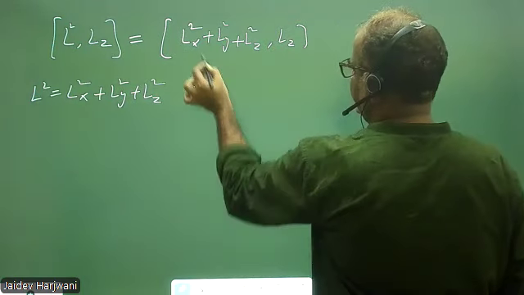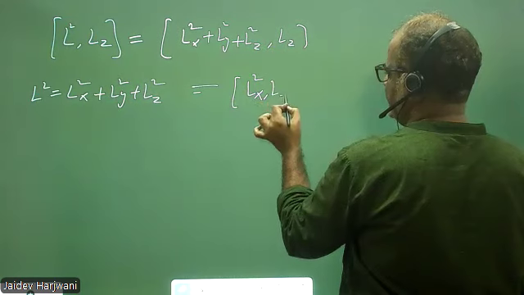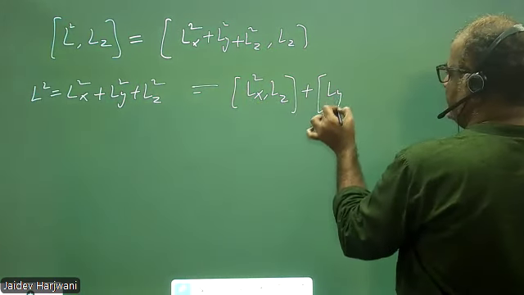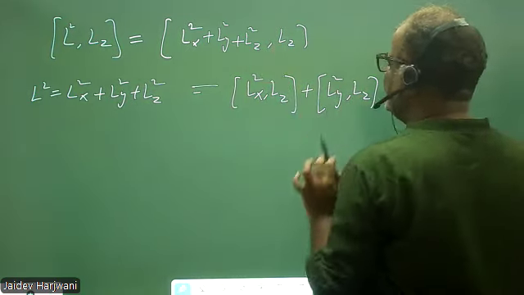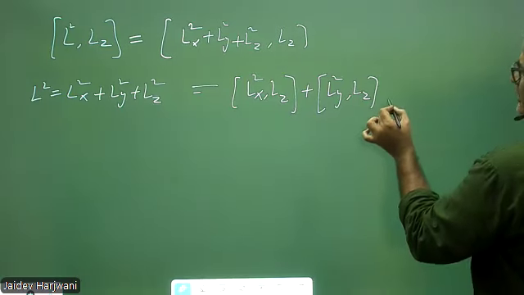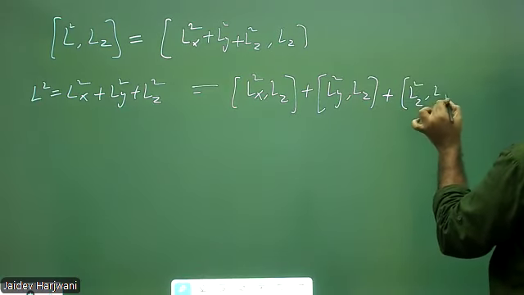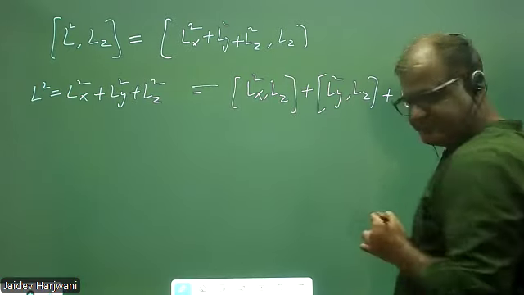Now I can break this one, so I can write this is the [Lx square, Lz] plus [Ly square, Lz], and [Lz square, Lz] commutes because it is the same operator. So this will become zero. So we need to solve only this one.